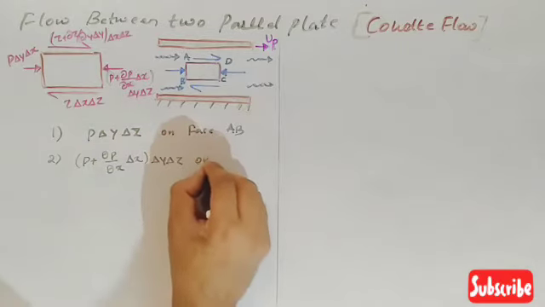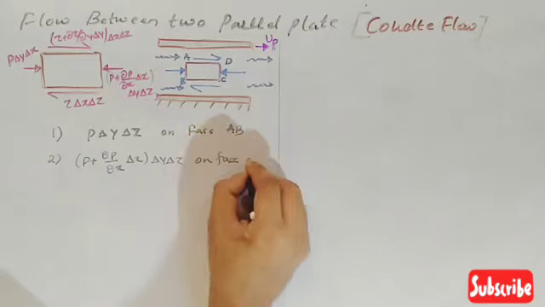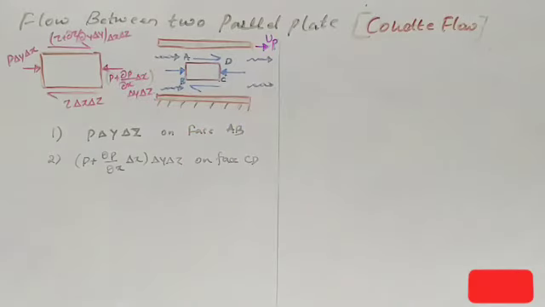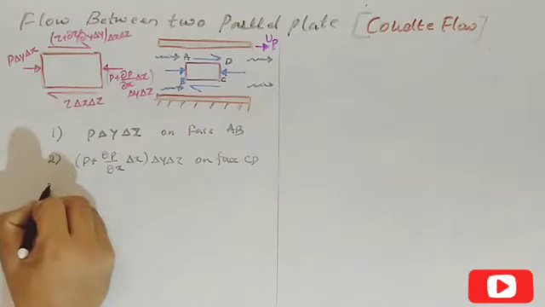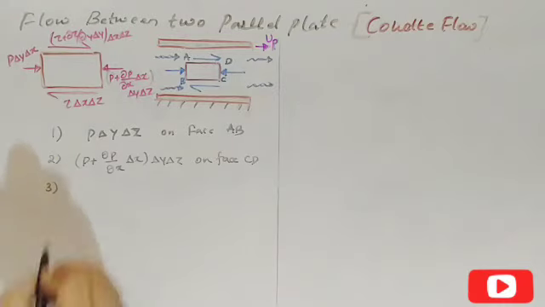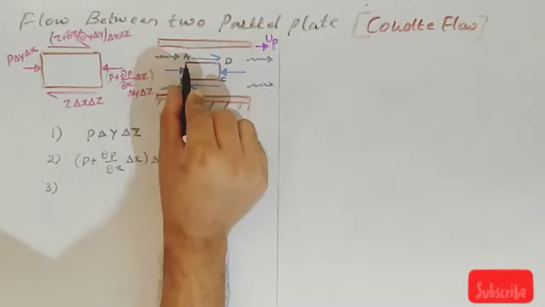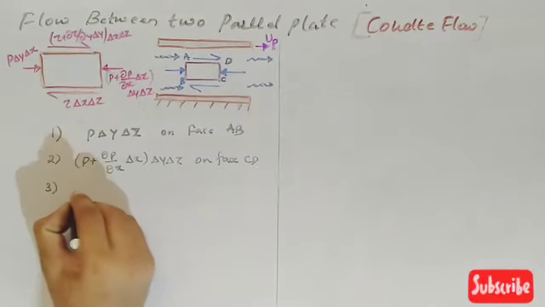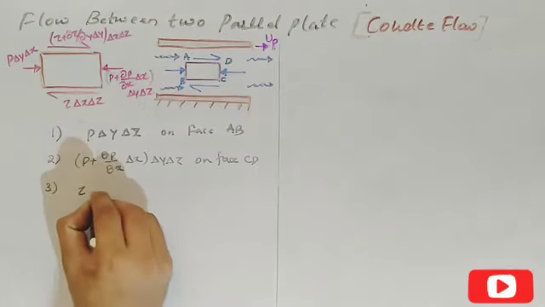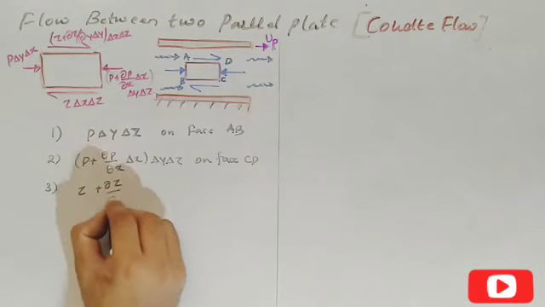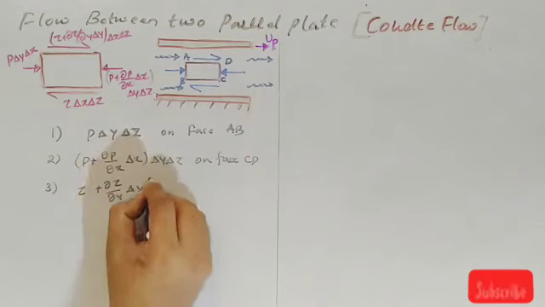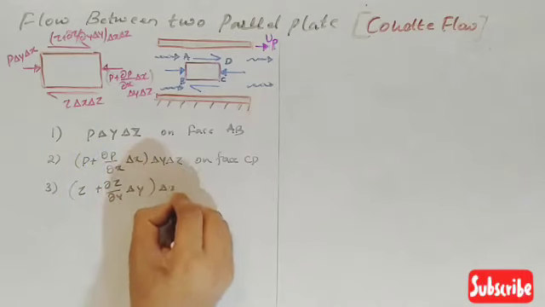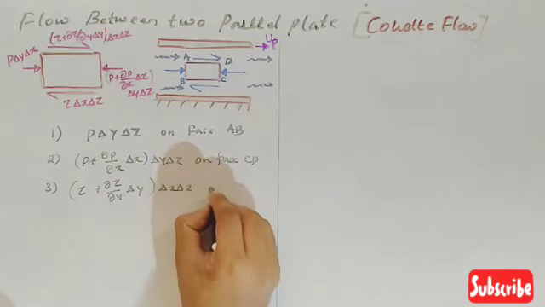The second is the pressure force on face CD, that is P plus dou P by dou x into delta x, delta y, delta z. And the third one is a shear force. Okay, shear force acting on the surface AD as well as BC. So the shear force on surface AD is tau plus dou tau by dou y into delta y, delta x, delta z.